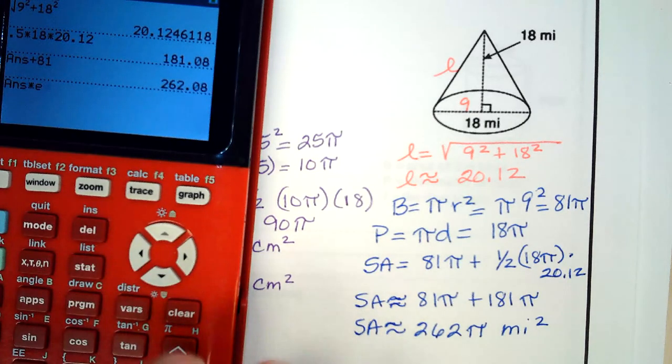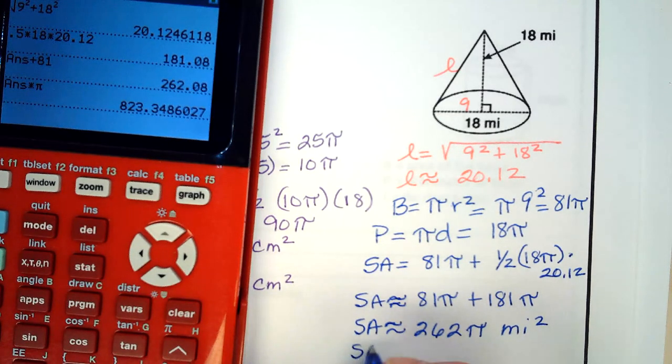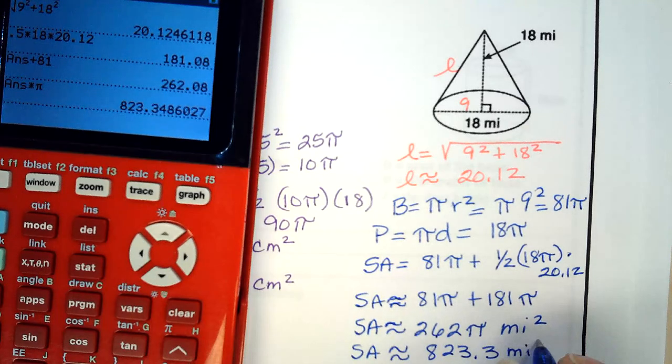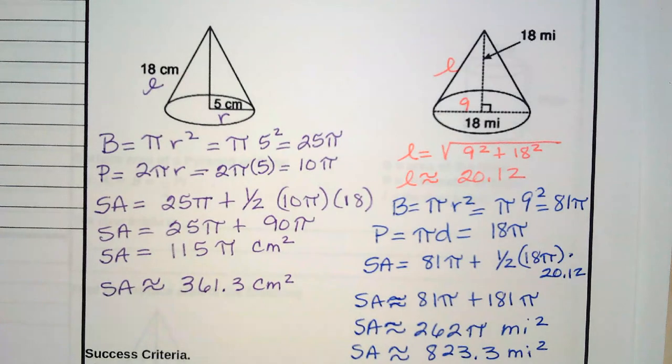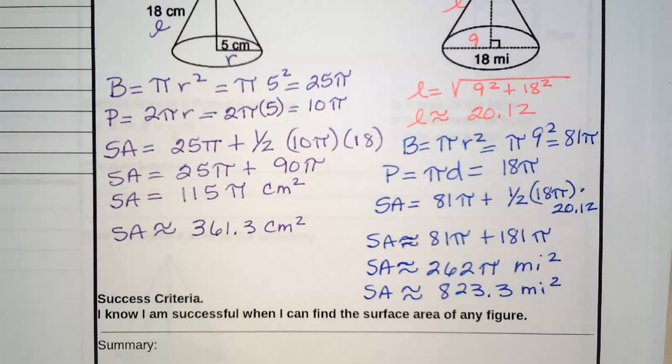If I multiply by pi, my surface area is approximately 823.3 miles squared. So, if you do not have your slant height, you use Pythagorean's theorem.